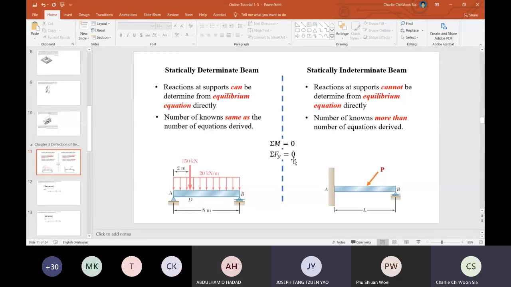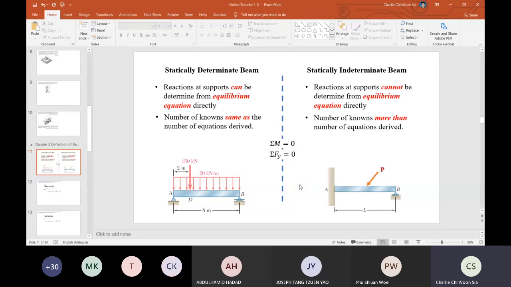So if we apply the equilibrium equations, sum of moment equals 0 and sum of Fy equals 0, are we able to determine all the reactions? No, because the number of unknowns is more than the number of equations that we can derive. Some students might think, for the first equation I use sum of MA equals 0, for the second equation I use sum of MB equals 0, and then I use sum of Fy equals 0.